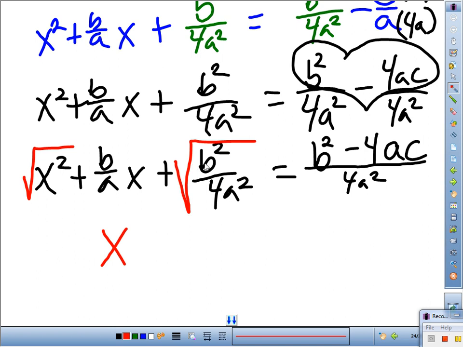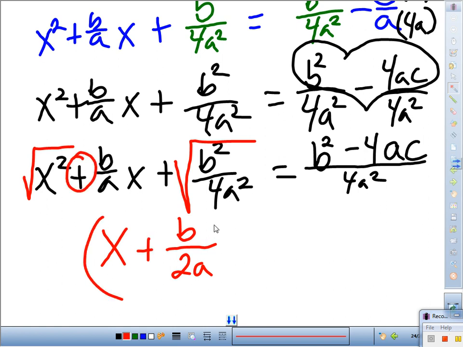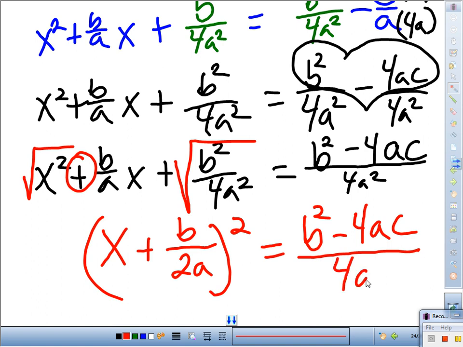What is square root of b squared? What is square root of 4a squared? 2a, with the sign of the middle, plus, and we write that to the second power and bring down the rest. B squared minus 4ac over 4a squared. Copy that. Let's go. Good, right? Yeah, copy that.